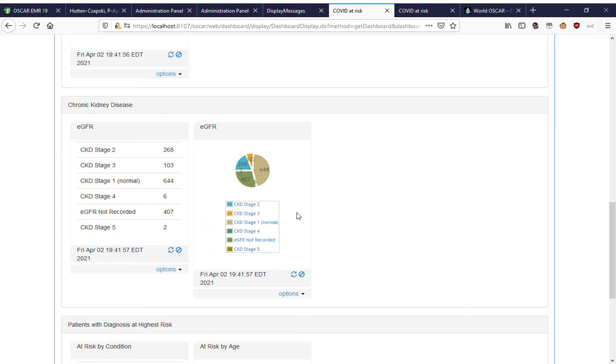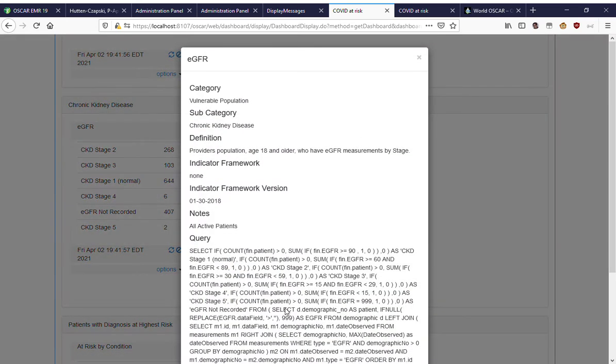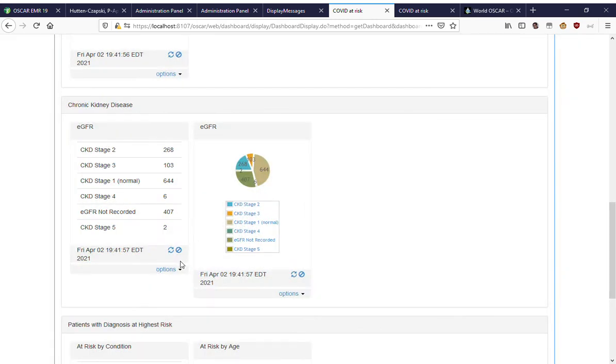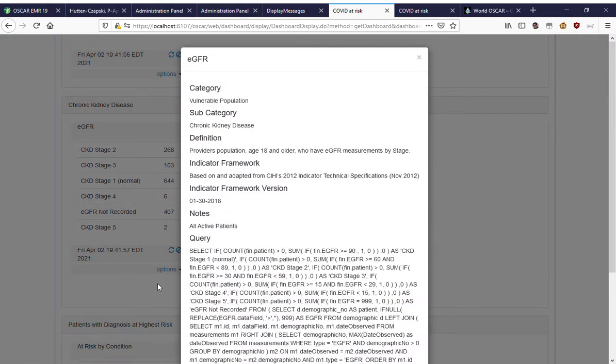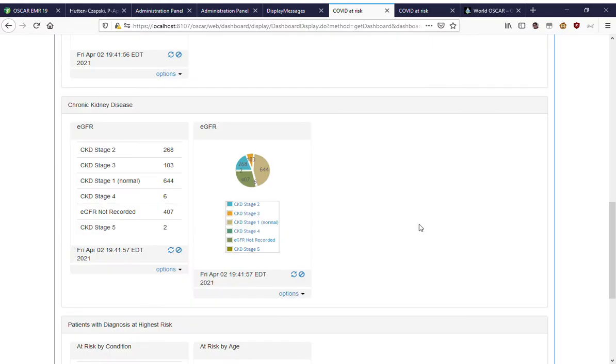And this is another representation of the same thing. Again, we can get the indicator info here. It shows the same sort of thing in terms of that. Here we go. Let's see indicator info, and that's all very good.